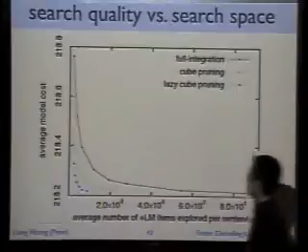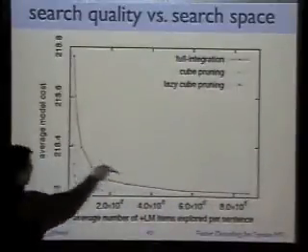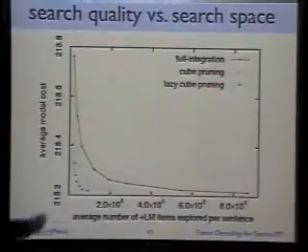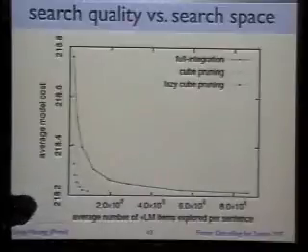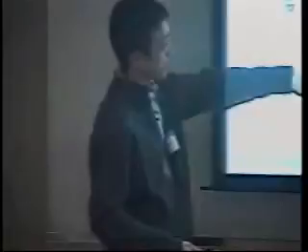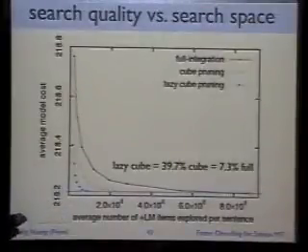So for the same level of search quality, if you draw a horizontal line here, we see that lazy cube pruning is faster than cube pruning, and cube pruning is much faster than full integration, especially at the optimal performance line. Lazy cube is about 40% of cube, and cube is about 7% of full integration. That is the reduction of search space.